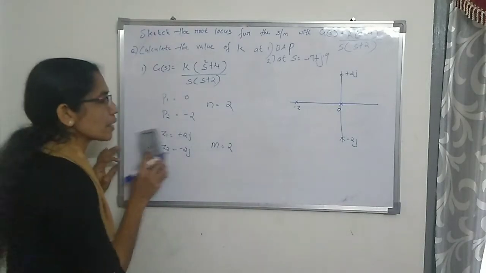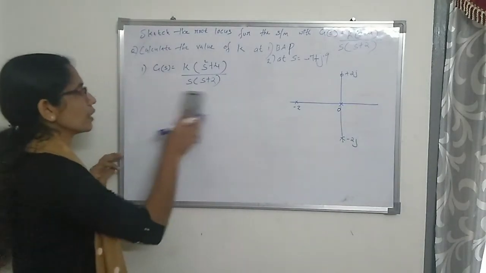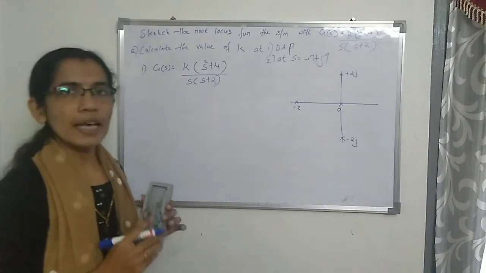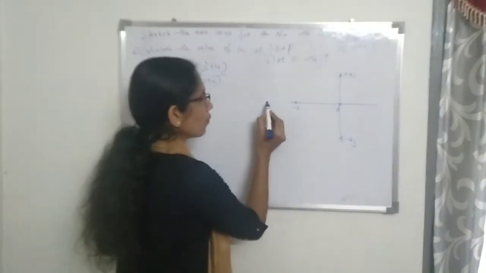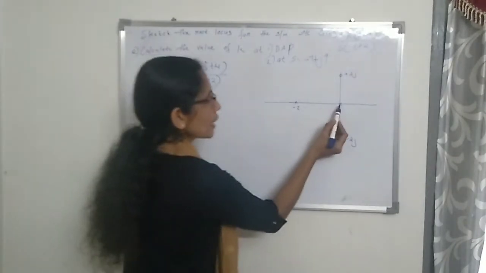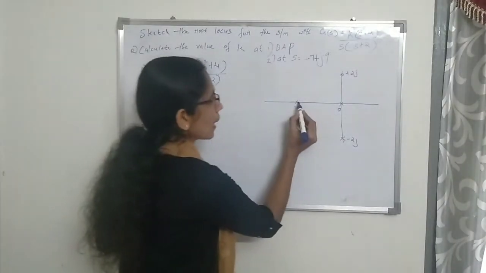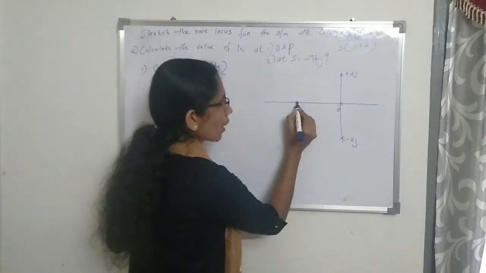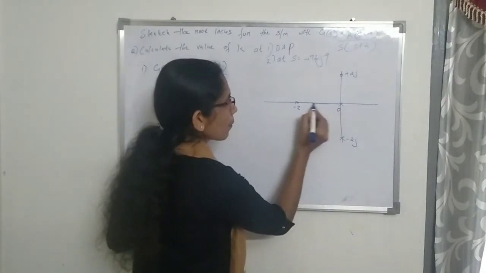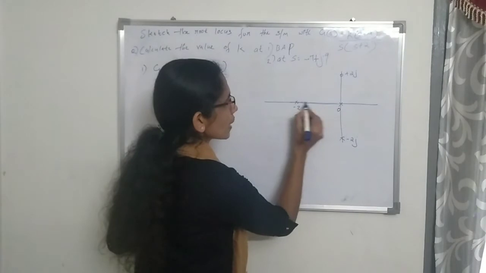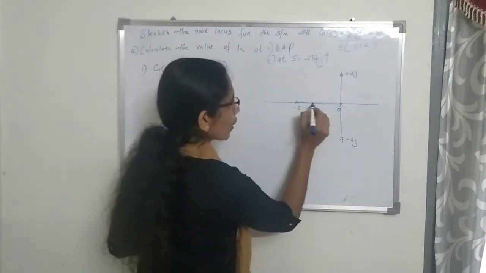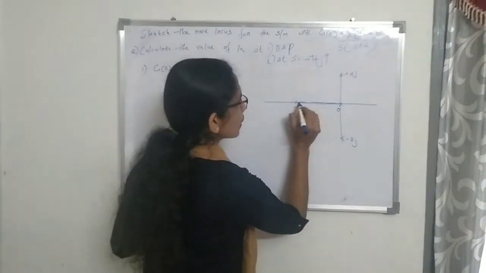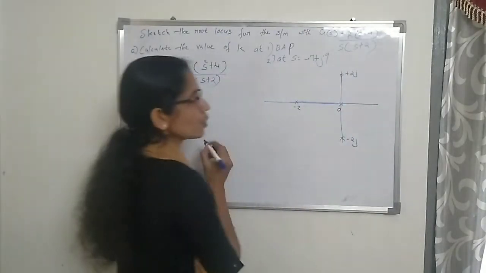Next, our aim is to find the root locus branch on the real axis. Consider a test point on the real axis between 0 and -2. From this test point, the total number of poles plus zeros to the right side is an odd number, so a root locus branch exists between 0 and -2.